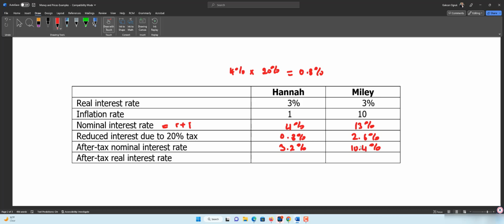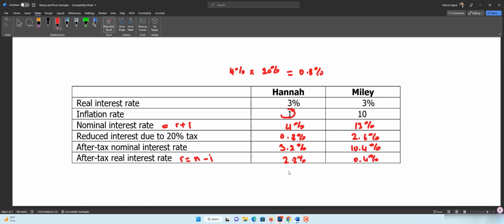And now we can find the after-tax real interest rate. Real interest rate is nominal minus inflation. In this case, nominal is 3.2% minus the inflation 1%, it's 2.2%. And here 10.4% minus 10%.